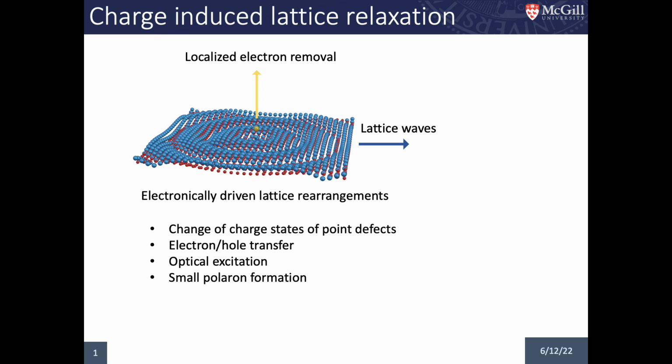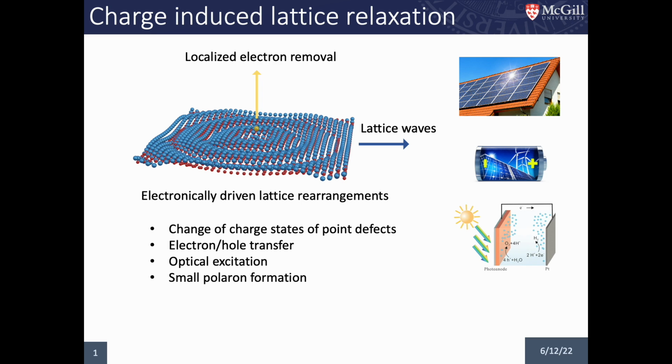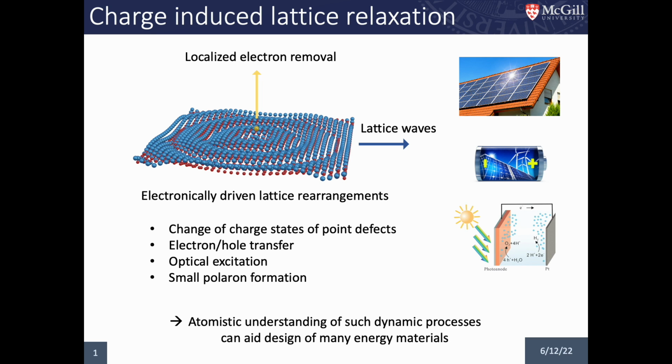These phenomena are shown in various technologies, including solar cells, batteries, and photoelectrochemical cells. Further atomistic understanding of such processes can significantly aid the design of many energy materials, and this is the focus and motivation of our research.